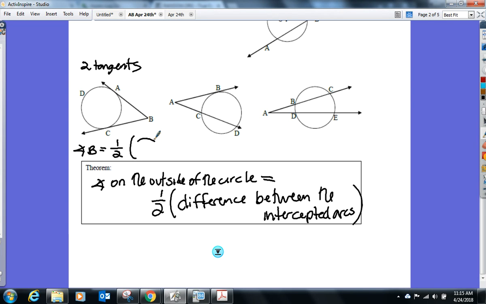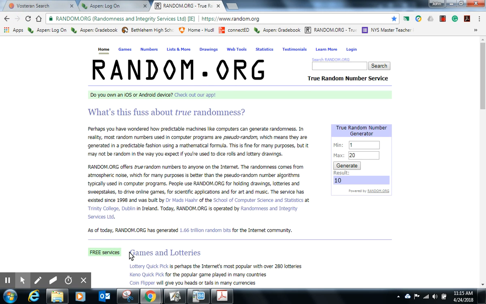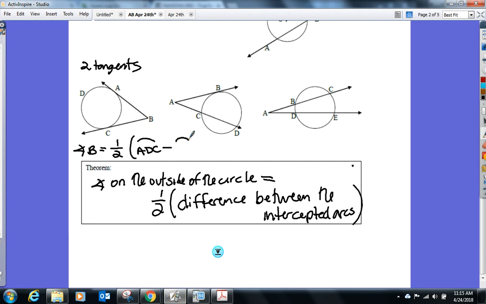I don't want to put the smaller one first because that'll give me a negative answer. So I put the bigger one first, the major one, arc ADC, minus the minor one, arc AC. That's how I find the angle on the outside. If the angle's on the outside, I'm going to subtract two arcs.